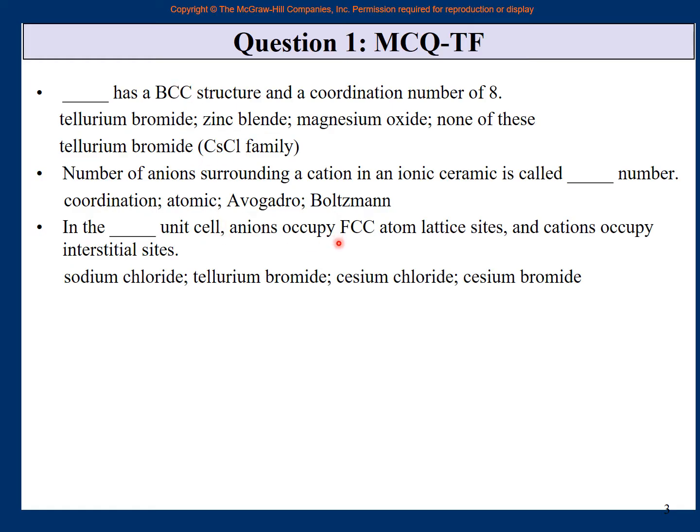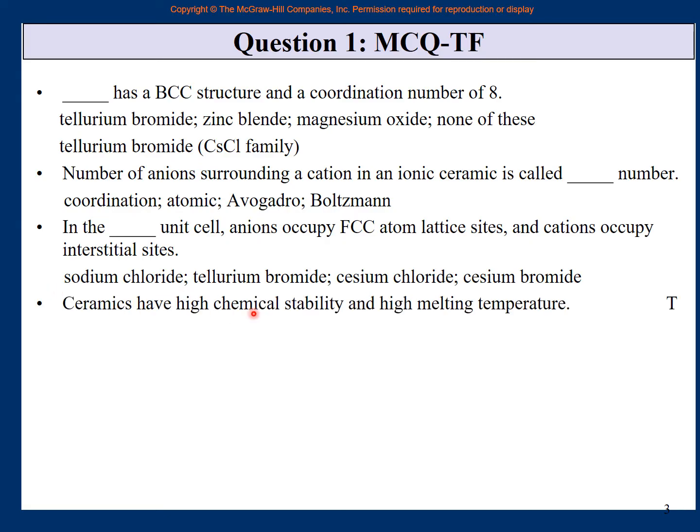So you are left with sodium chloride and zinc blend. And in the 2, only sodium chloride family was where it is FCC and the other atoms are in the interstitial sites. So sodium chloride is the answer. Tellurium bromide or cesium chloride or cesium bromide are not the correct answer. Sodium chloride is the correct answer.